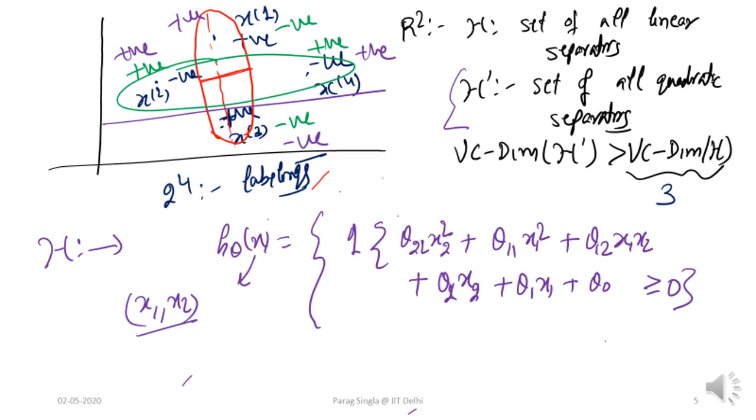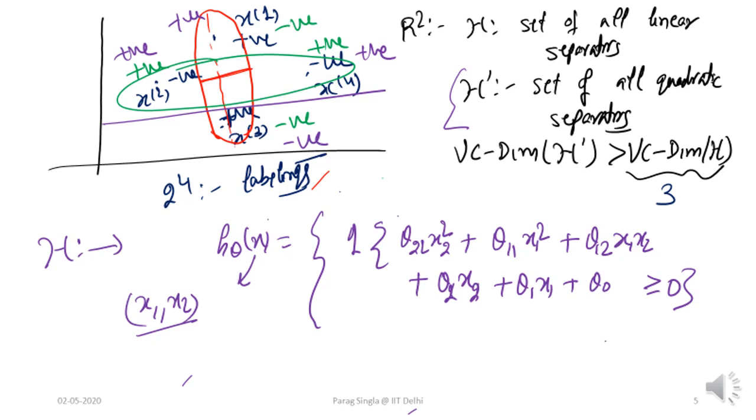Just to make it very clear, when we say the set of quadratic classifiers in this space, this is simply h theta of x, where x is some point in the 2D space, (x1, x2). This is simply the indicator of theta 2 2 x2 square plus theta 1 1 x1 square plus theta 1 2 x1 x2 plus theta 2 x2 plus theta 1 x1 plus theta 0 greater than or equal to 0.